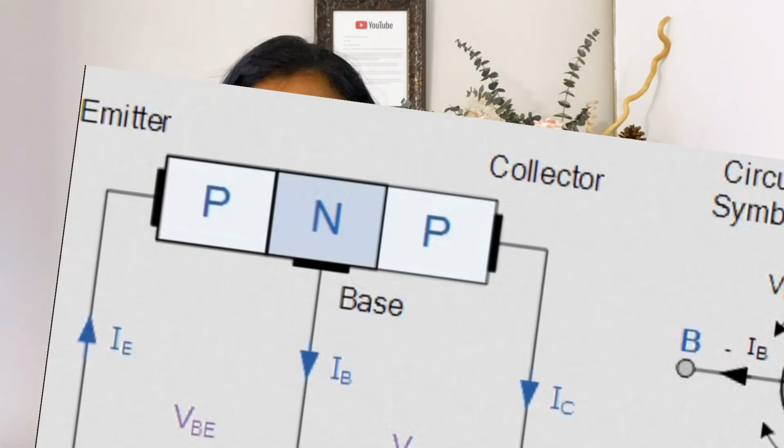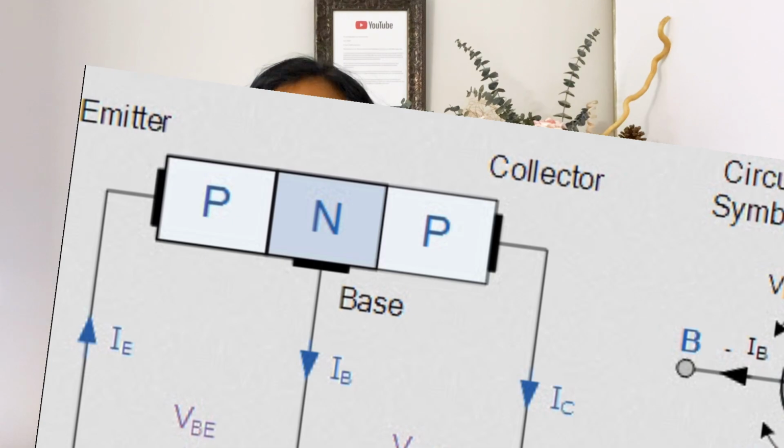Now let's see in more detail about various parts of a transistor, that is base, emitter and collector. The base of a transistor is dash doped, whether it is heavily doped, lightly doped or moderately doped. The order is emitter, base and collector, as you can see on the screen.